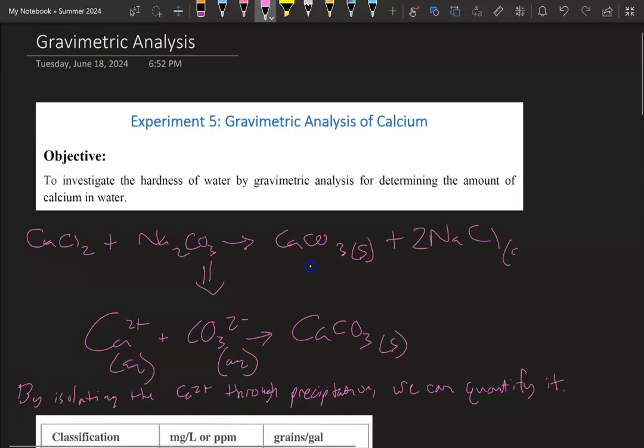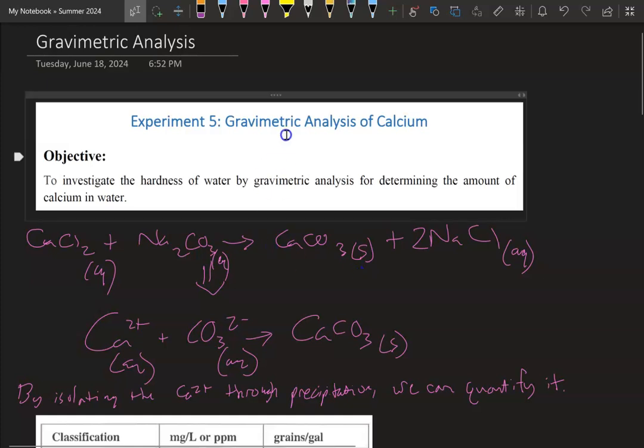The rest of these are all aqueous, and they're just part of the solution. Aqueous just means that it's dissolved into solution. But the solid here will precipitate out to the bottom.